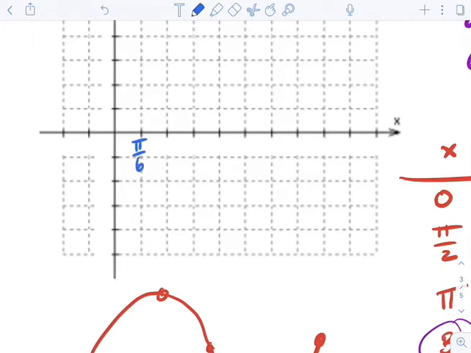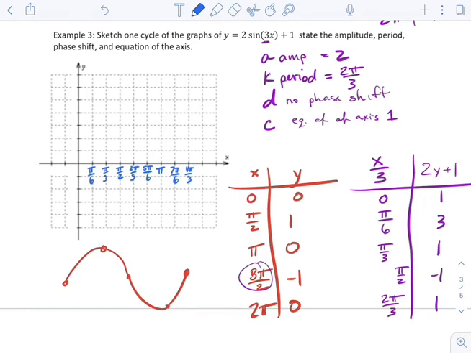So pi over 6. 2 pi over 6 is pi over 3. 3 pi over 6 is pi over 2. 4 pi over 6 is 2 pi over 3. 5 pi over 6. 6 pi over 6 is just pi. 7 pi over 6. 8 pi over 6 is 4 pi over 3, right? We're just reducing them. And let's plot these points onto our grid.